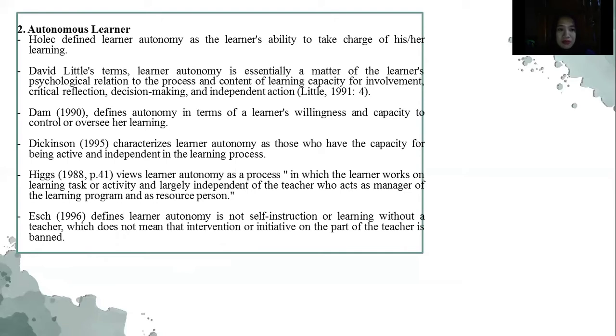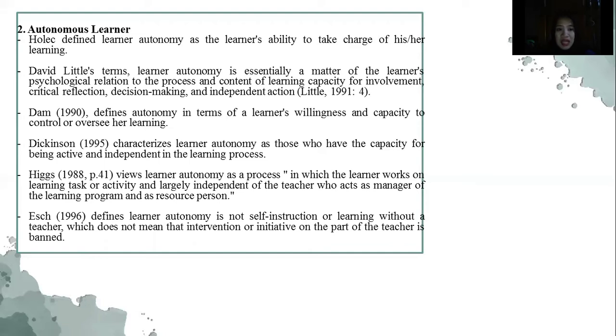And also, based on Dam 1990, autonomy is defined in terms of learner willingness and capacity to control or oversee her learning. It means that autonomy is in terms of their willingness and capacity to learn. Based on Dickinson 1995, learner autonomy is characterized as those who have the capacity for being active and independent in the learning process.